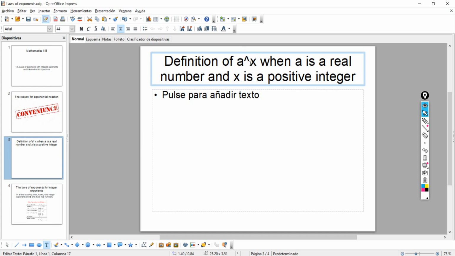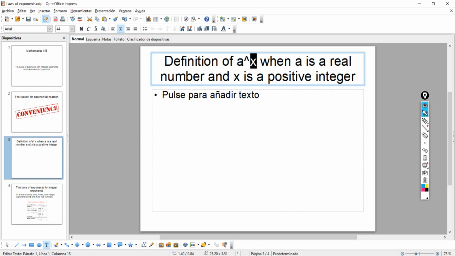So basically, we are going to ignore x as being either a negative integer or a fraction. So far, we don't know. We're not going to deal with that possibility. We're going to do that a little later. So x is just a positive integer like 3, 4, 5, 6, etc.